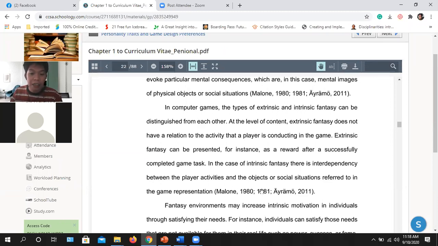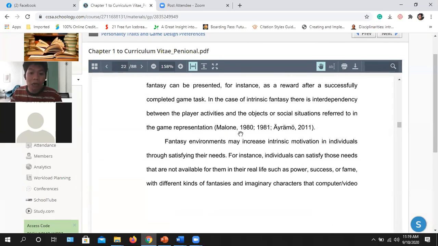However, he is not your primary source. Airamo, 2011, is your secondary source. Don't forget to cite Airamo even though Airamo just cited Maloney in his study. Since you found the related literature in Airamo's study, even though he's not the main author, it's very important that you cite him. So in the references, you will cite Airamo, not Maloney.